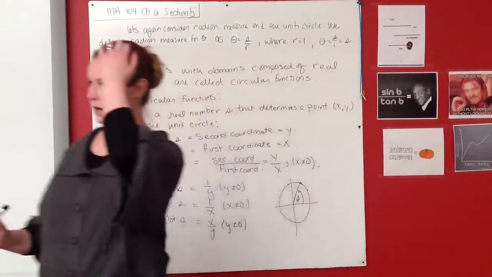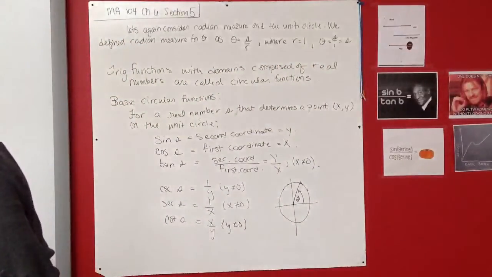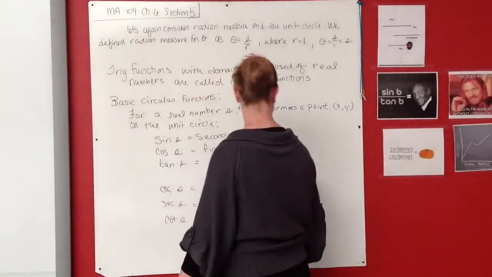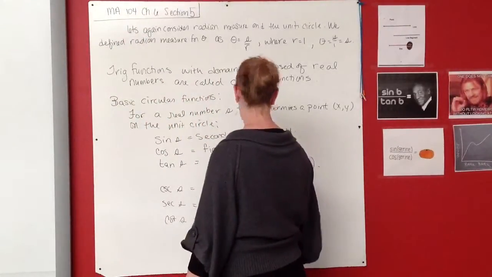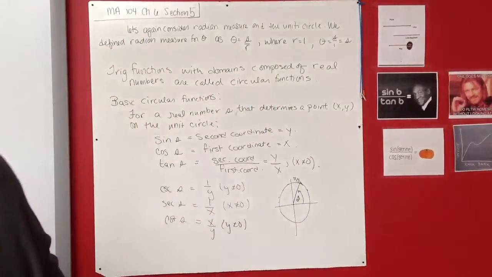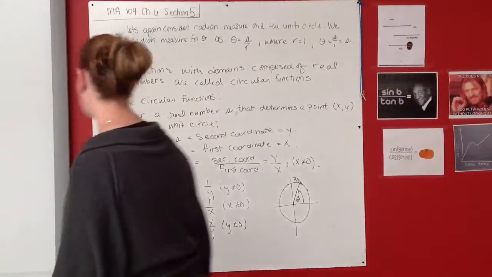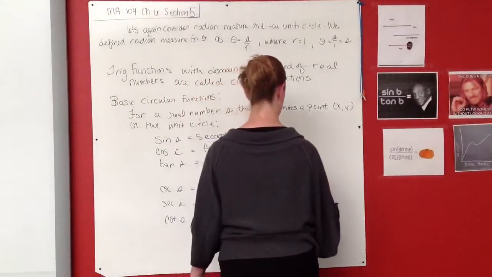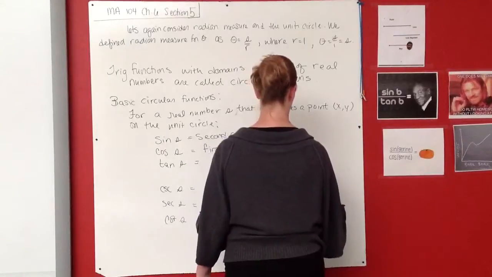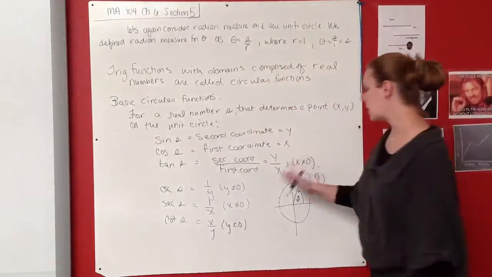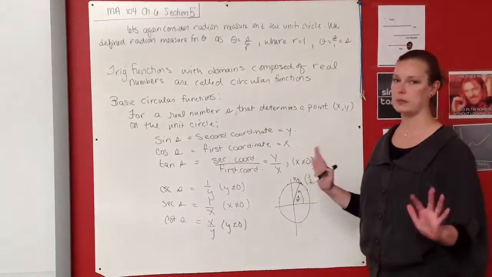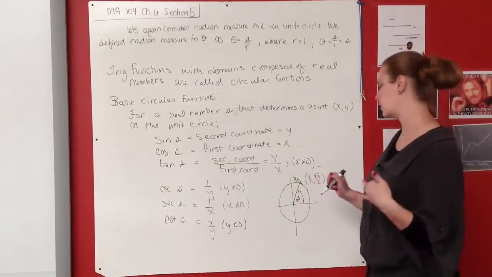And the corresponding radians are going to be pi over 3. And the ordered pair is 1/2, root 3 over 2. Now, please don't bother memorizing all this stuff. It's not worth memorizing. Just know where to find it and how to use it.